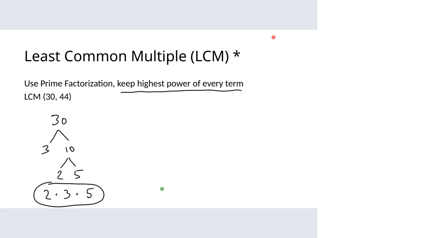Then our prime factorization of 44, that looks like 4 times 11, and that's 2 times 2. So it looks like I have 2 squared times 11. So I've got my prime factorization of each.